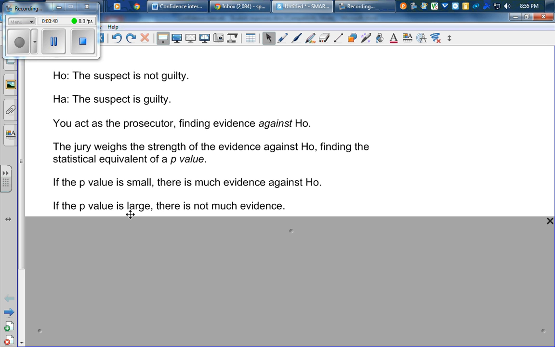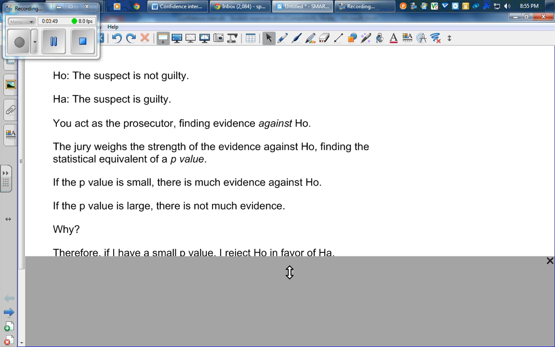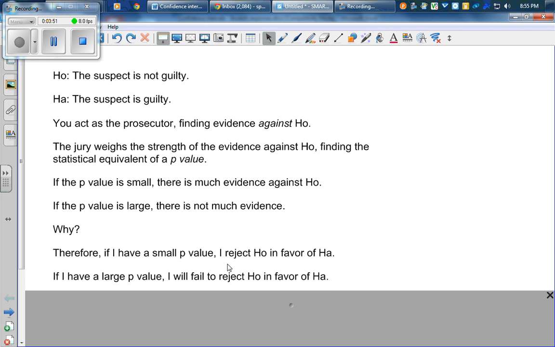On the other hand, if my p-value is large, it means it's quite probable that this could happen, even if H0 is true. There's not much evidence against it. So again, if I have a small p-value, I reject H0 and start believing HA. If I have a large p-value, I'll fail to reject H0 in favor of HA.